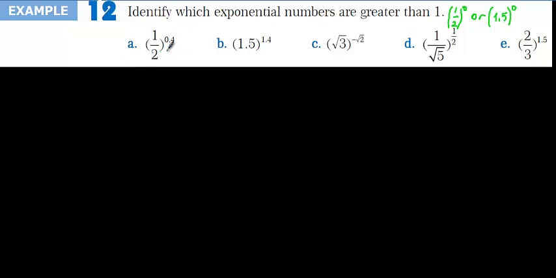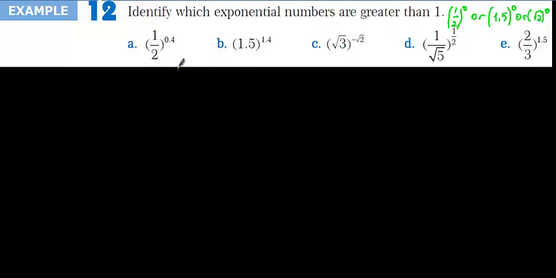So for these terms you can write 1 as the base of 1 over 2, base 1.5 or 3 over 2, or base root 3 to the power of 0.